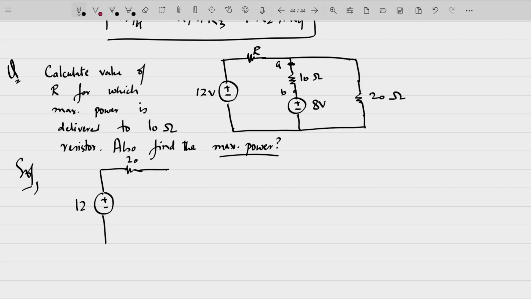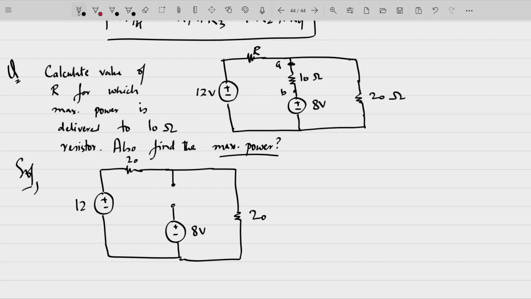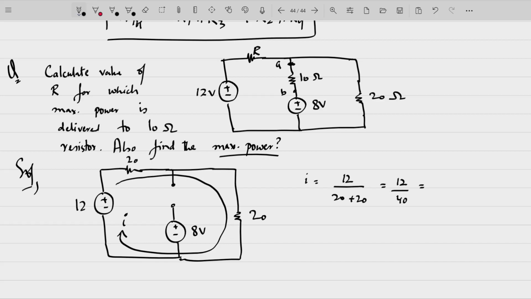This R we have found out it is 20 ohms now. Current is flowing in this path I. So I is equal to 3/10 amperes.